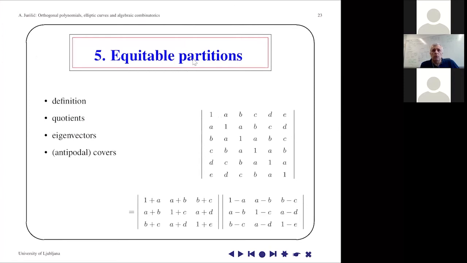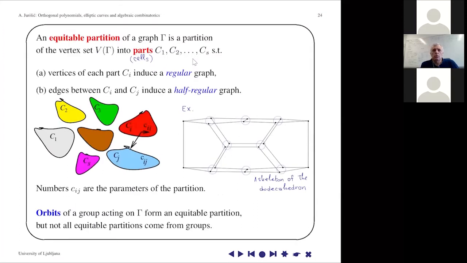Okay, fortunately, Dean also talked about equitable partitions, so I won't dwell too much on that. My goal will actually be how to factor this Toeplitz matrix. So I'll just glance through these equitable partitions. Remember, these are the partitions where, between two cells, when we look at the induced graph by edges between two cells, we just say if these are a red and a blue cell, that every red vertex has the same number of blue neighbors, and this is it.